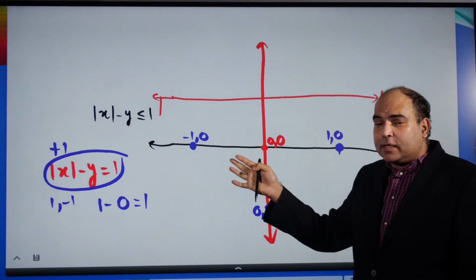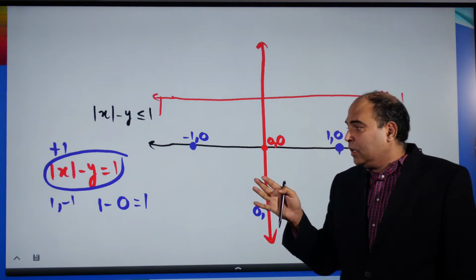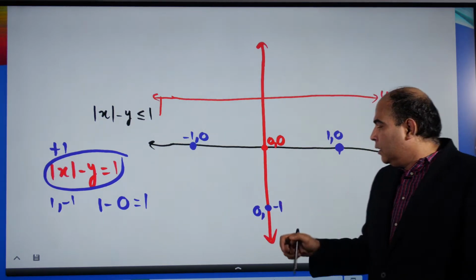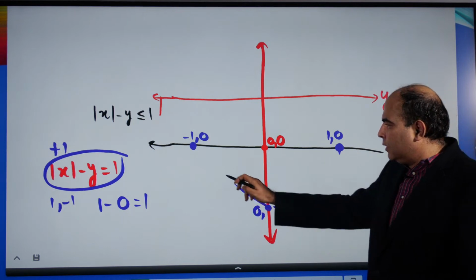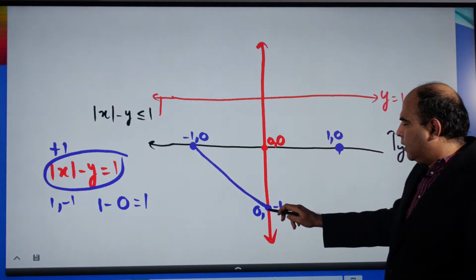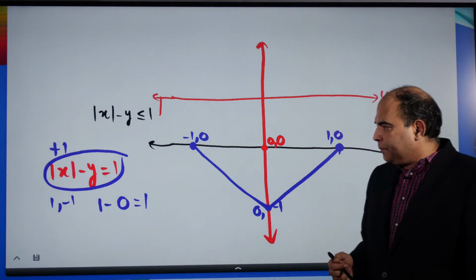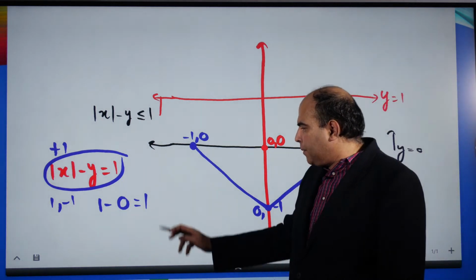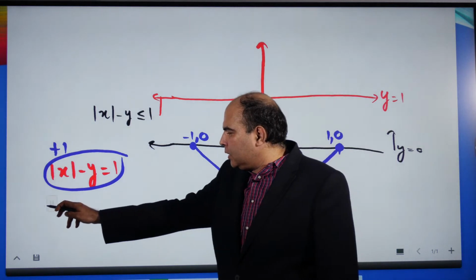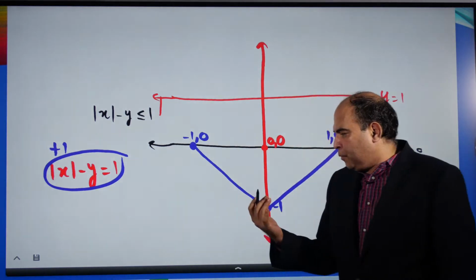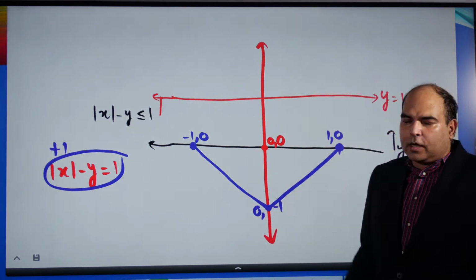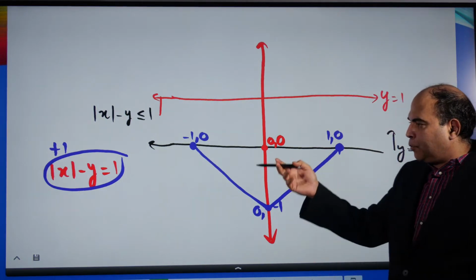And of course I know that this is a linear expression because mod x is linear and y is also linear. So I can visualize that there will be a straight line connecting this. And you can confirm the straight line if you want to. Just take the value of x as 0.5.